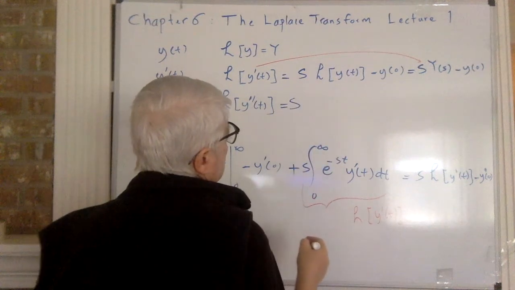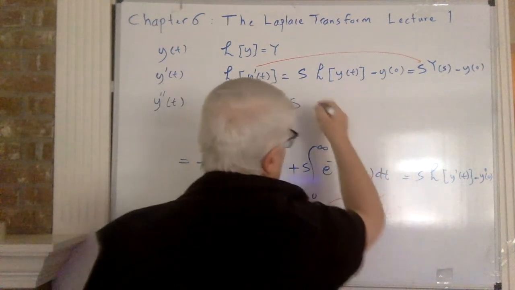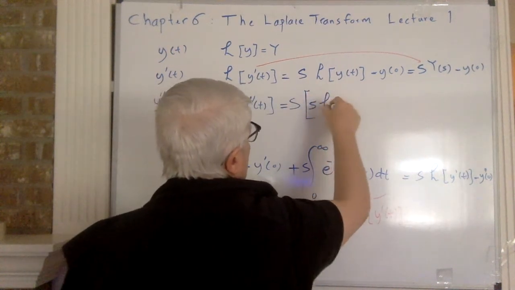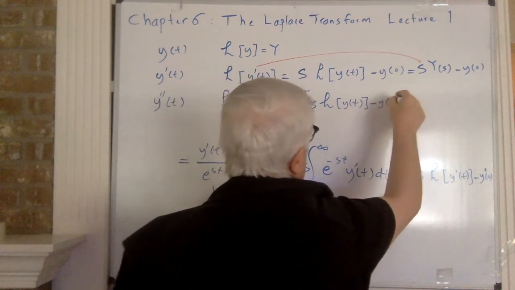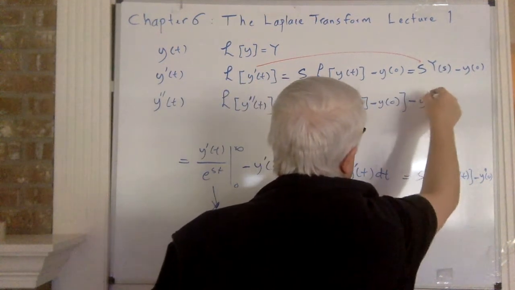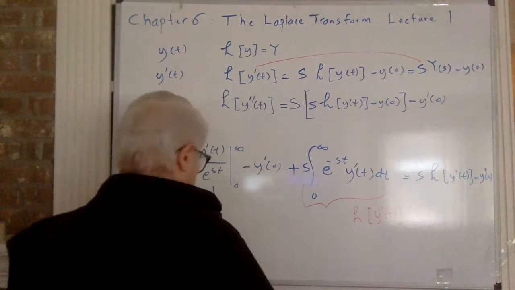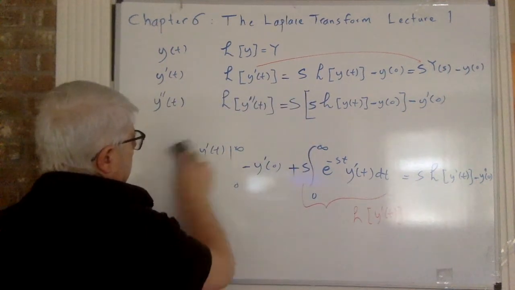So it's s times this, s L of y(t) minus y(0) minus y'(0). And as I said, something magical happens.